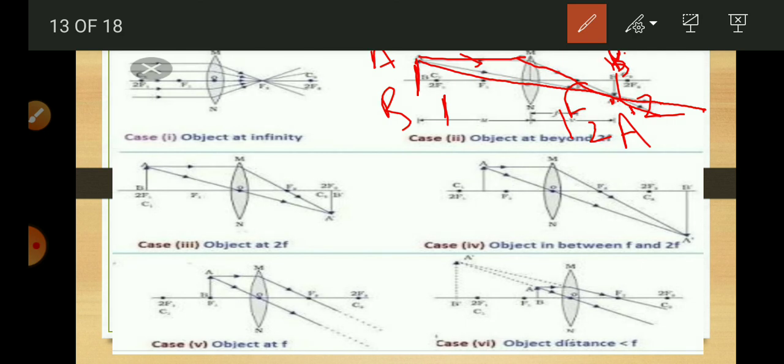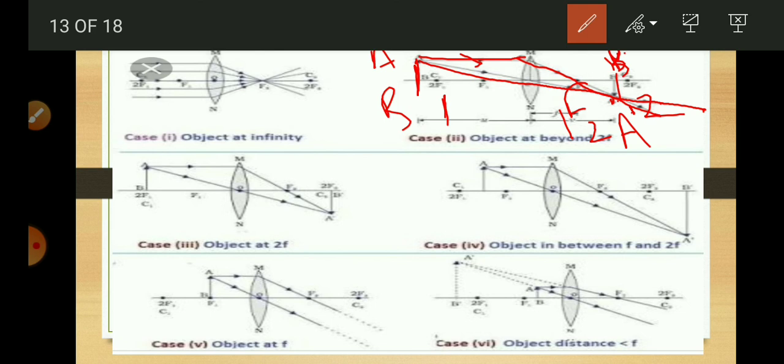Now we'll see the properties of the image. We have to consider whether the image is real and inverted or virtual and erect. The second point we have to consider is whether the image is magnified, diminished, or the same size as the object.